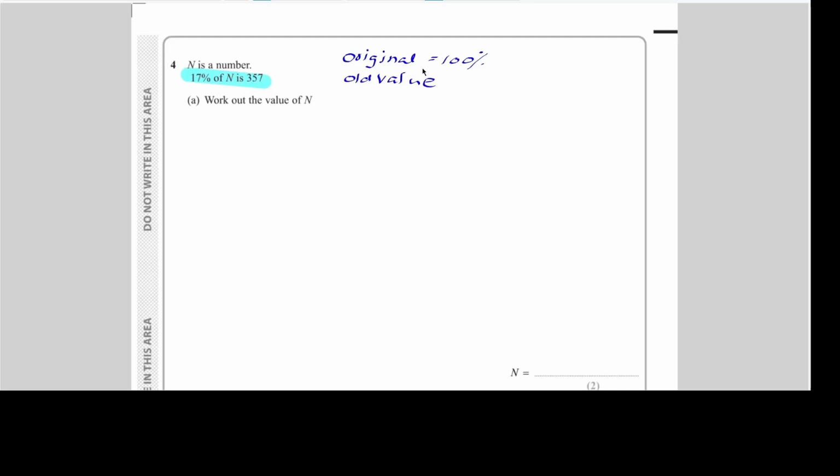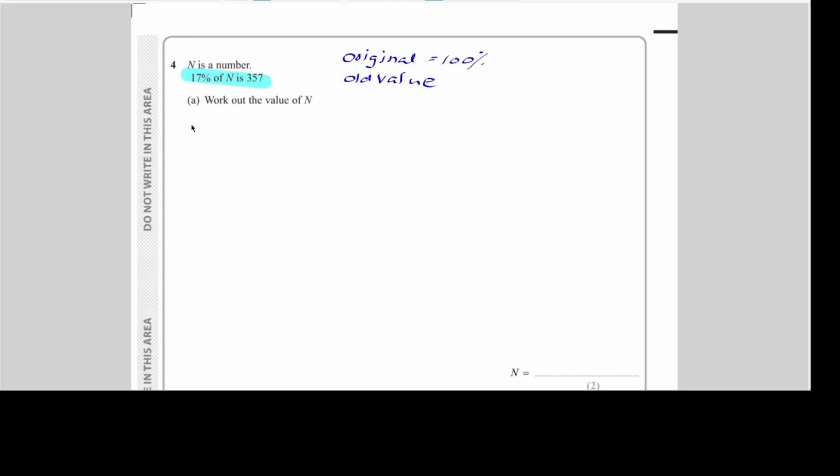All of these terms represent the original value. So whenever you need to get original, old value, principal value, P, initial amount, normal price, you need to represent those values with 100% because they are the ones that you had initially. The initial one stays at 100% always.